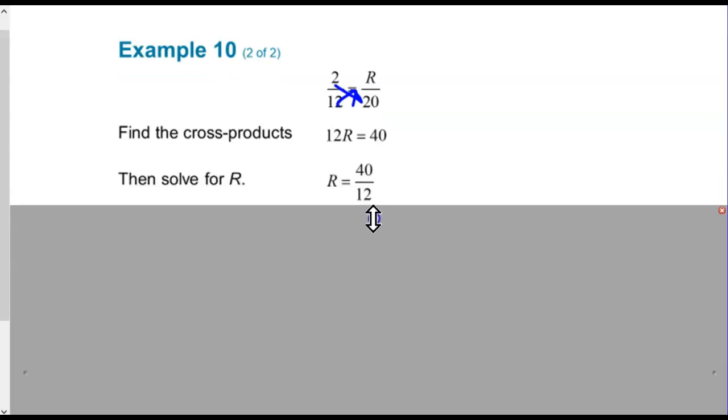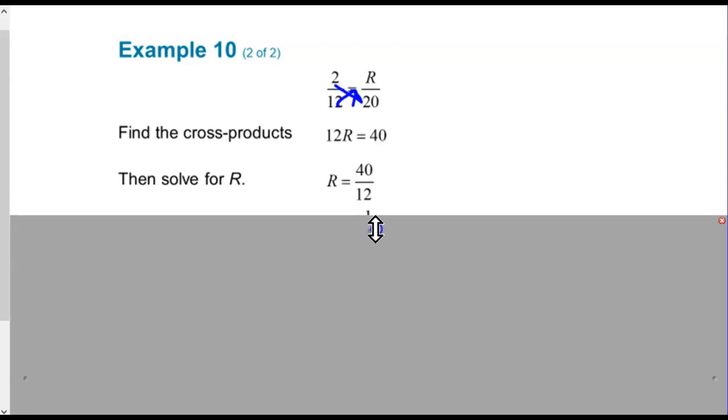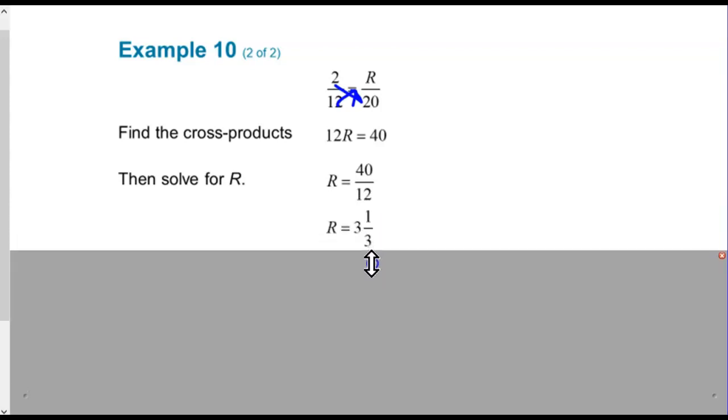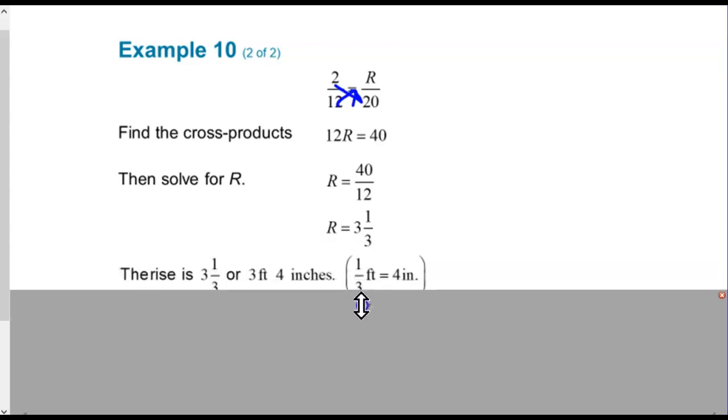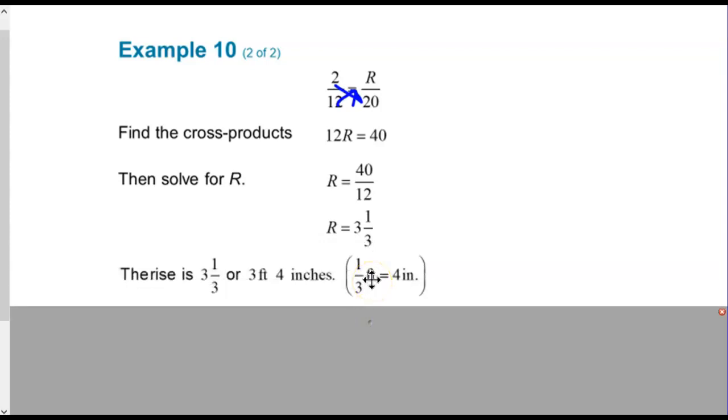And then they're going to solve for r by taking 12 off of each side, and you end up with 3 1/3. And so the rise is 3 1/3, or you can say 3 foot 4 inches, because remember, a third of a foot, if you break it up into 3, it's 4 inches each. 4 times 3 is 12 inches in a foot.